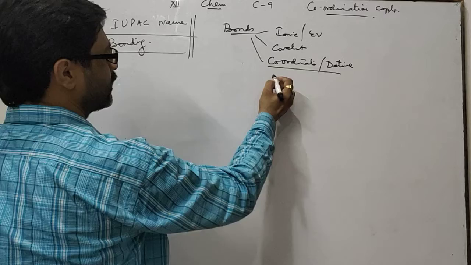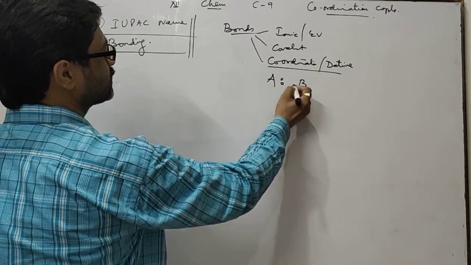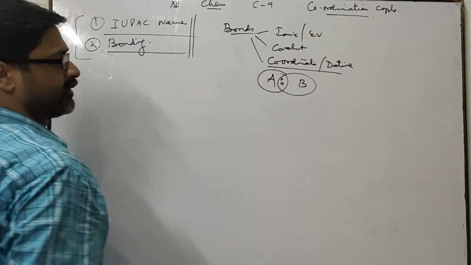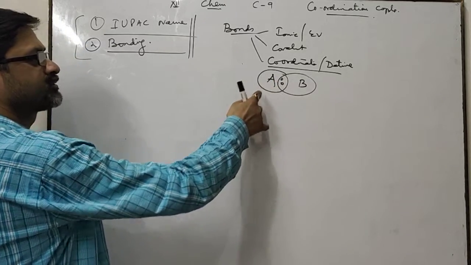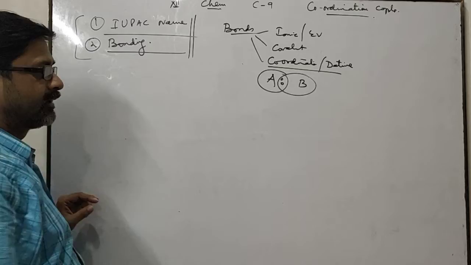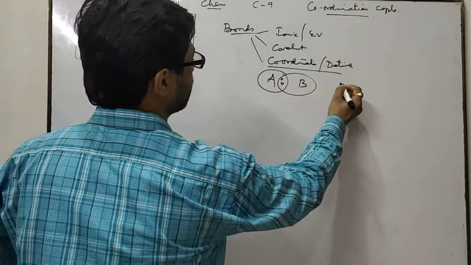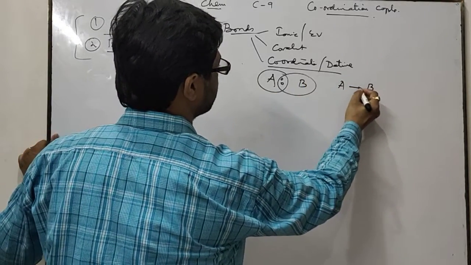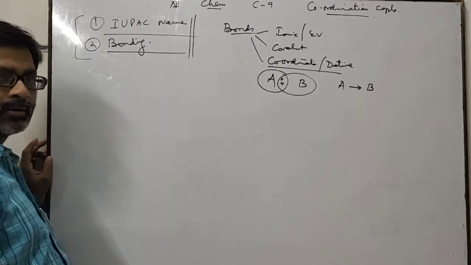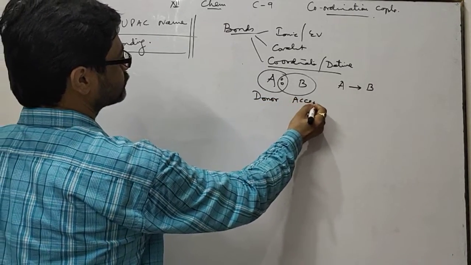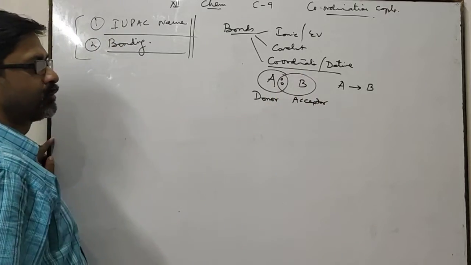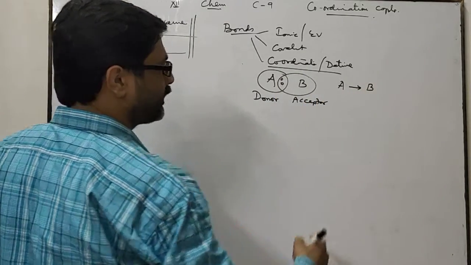In this type of bond, the shared pair of electrons is donated by only one atom, meaning both these electrons belong to only one atom, either A or B. This bond is shown by an arrow from donor to acceptor. A is donor and B is acceptor.